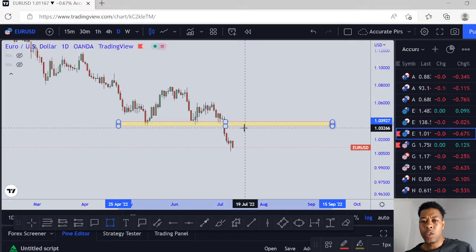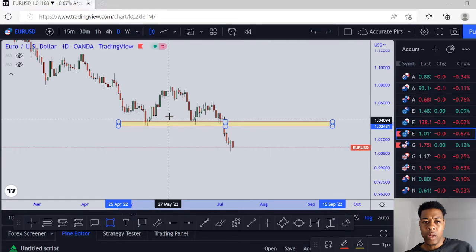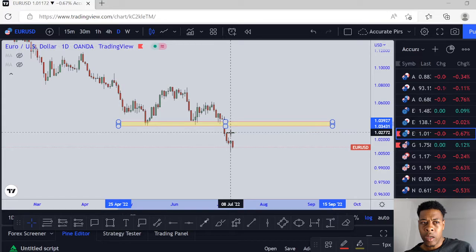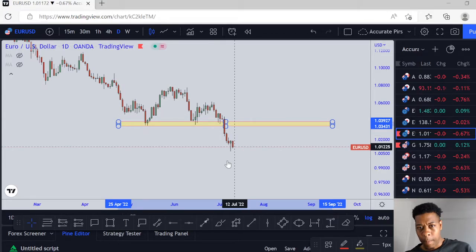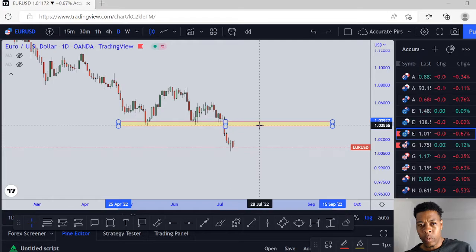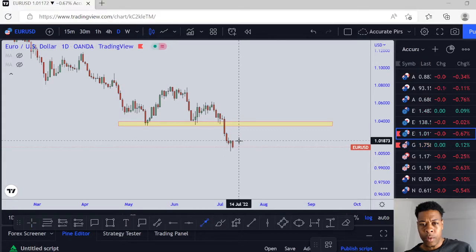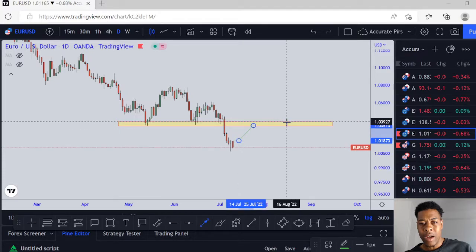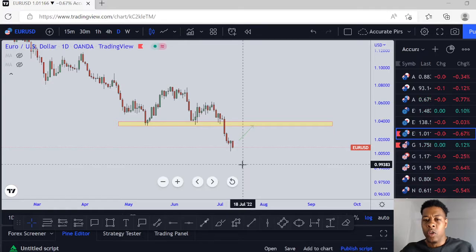What I would do now is wait to see if the market will retest and push back up to this support level, which now should hold as my resistance level. So with EUR USD, I'm probably just going to wait for the market to pull back to this level right here. That's a nice setup we got on EUR USD, waiting for the pullback.